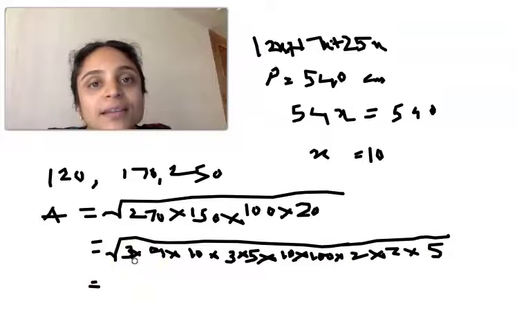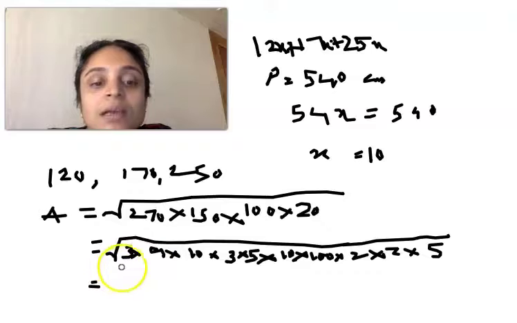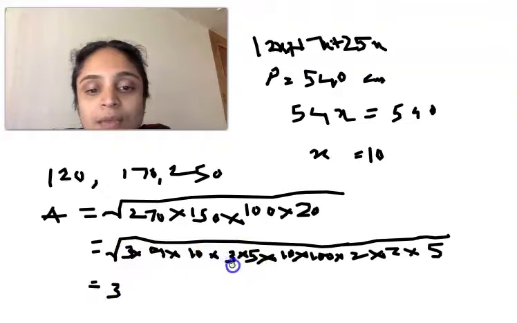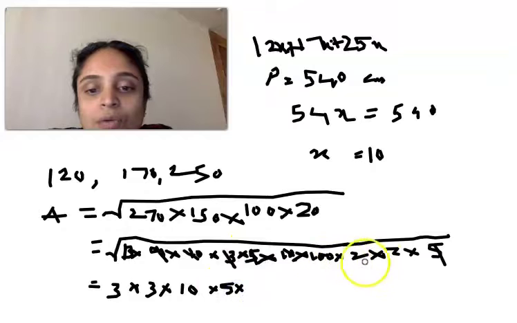From this root we can take those occurring in pairs as one number, right? So this is 9, root of 9 is 3, then 3 into 3. So we have taken this into 3, then into, we have taken this also 10 into 10. So into 10 into, then 5 and 5 we can take. So into 5 into 2 into 2.